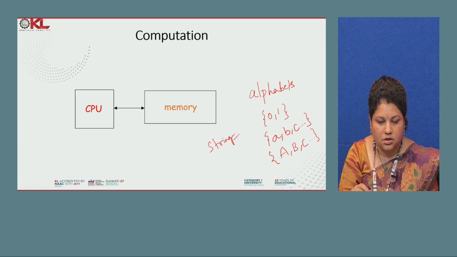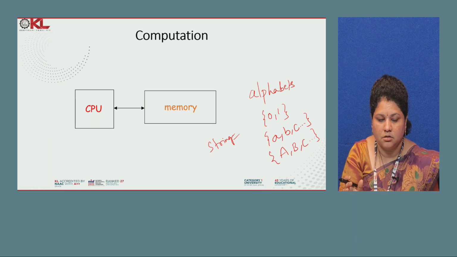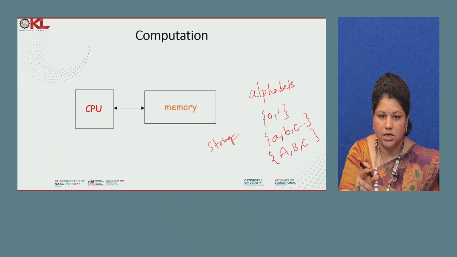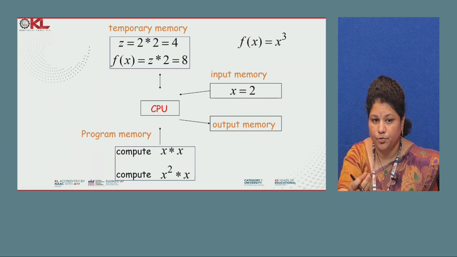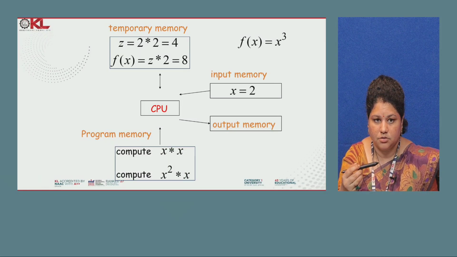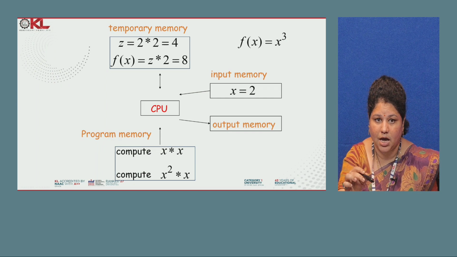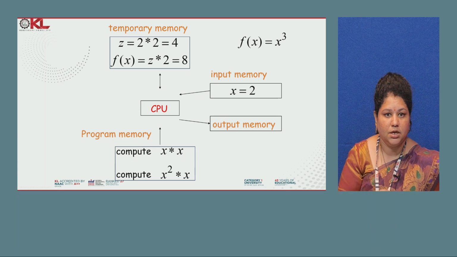Before that, in general, how is the input taken and how is it stored? In general, everything is stored in memory. Whatever code we write in the program memory will move to the temporary memory. For example, in the program memory we have given x into x, so it will be moved to the temporary memory.